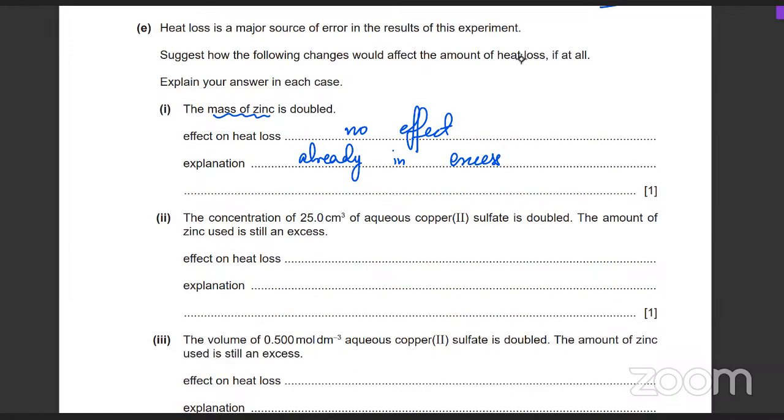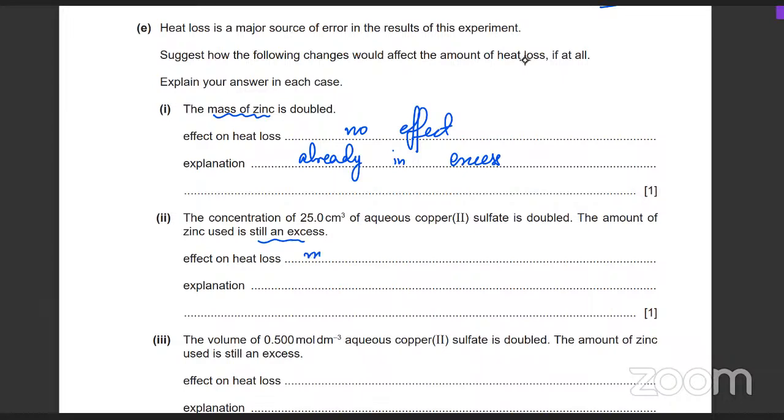Okay, and what if the concentration of copper sulfate is doubled? The amount of zinc used is still in excess. So if you double the concentration, would there be more reaction or less reaction if I double the concentration of the copper sulfate? More reaction? Yeah, there's going to be more reaction, right? Because you got more copper sulfate now. The zinc is already in excess. So there's obviously going to be more reaction.